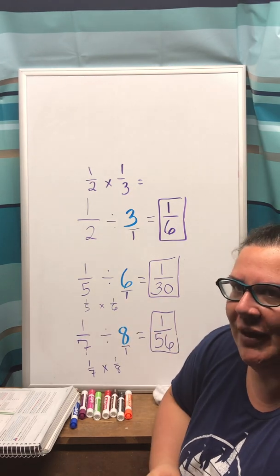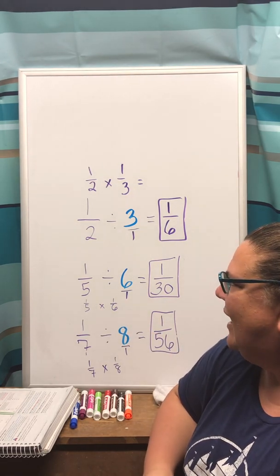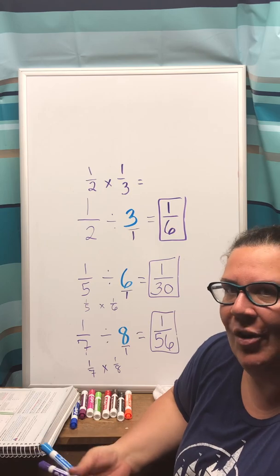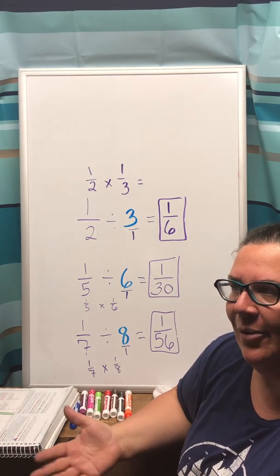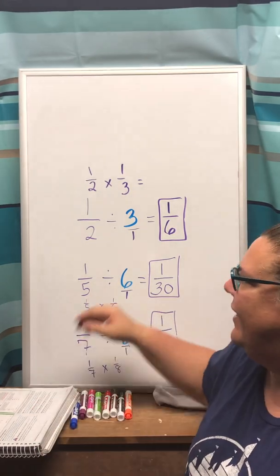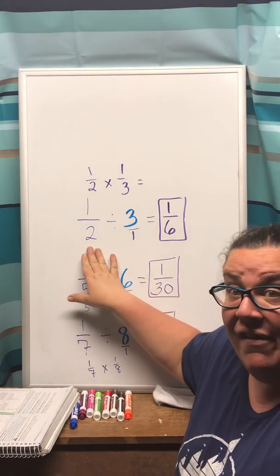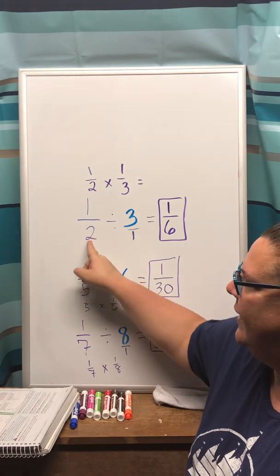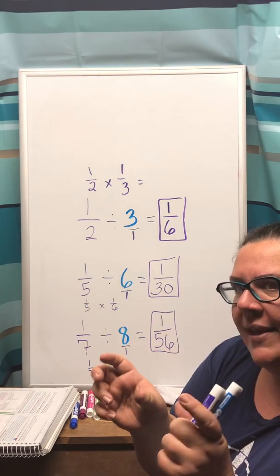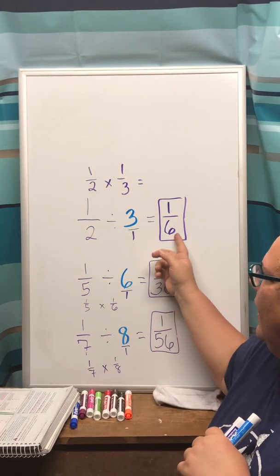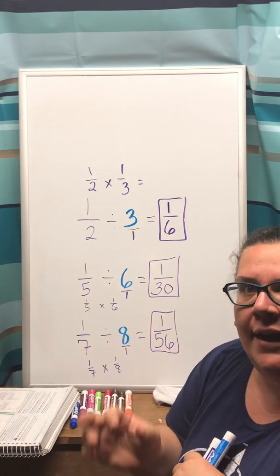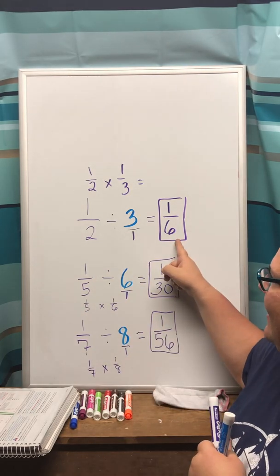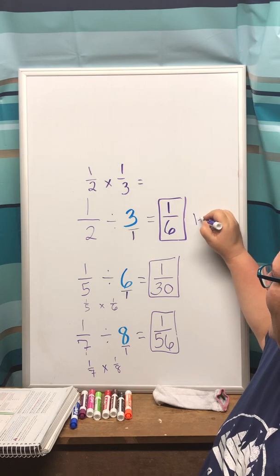If you're not sure, think about it in terms of, let's say, candy bars, something that we've all seen. Would you rather have half of a candy bar, or would you rather have a sixth of a candy bar? This one's cut into 2 big pieces, you're getting one of the 2. If it's cut into 6 pieces, you're obviously getting a smaller size, which means this one is going to be less than.